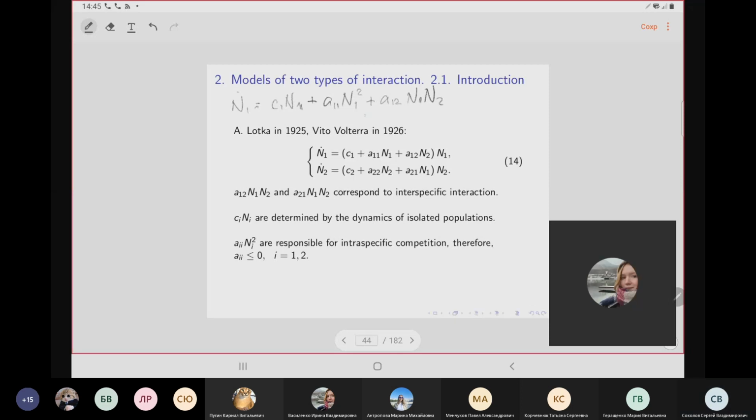So this quantity is the equation for a separate variable, where there is no interaction. And here is our interaction. What do c1 and n1 usually mean?